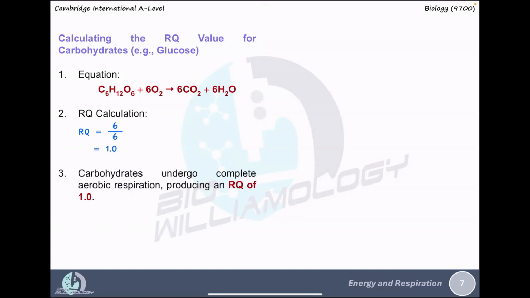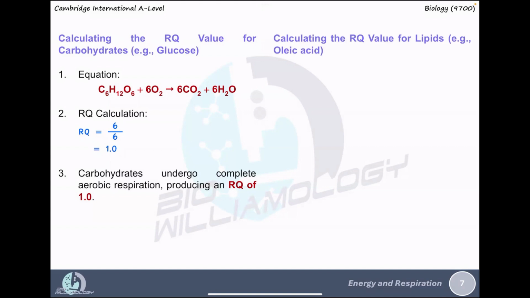So carbohydrate undergoes complete aerobic respiration. Why? Because the value is not greater than 1.0, and the RQ value of 1.0 indicates that the organism uses carbohydrate as the respiratory substrate. How about lipids?